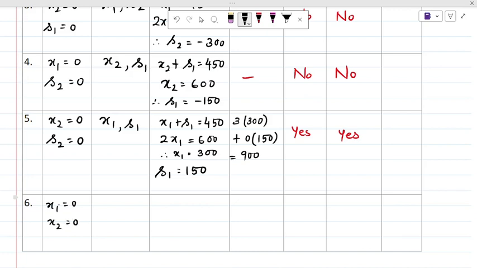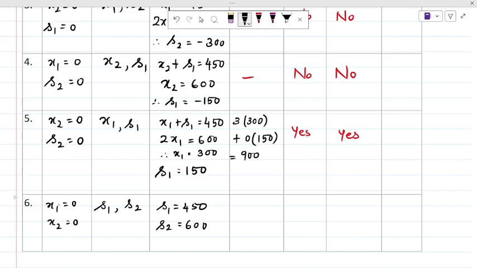So what we will have over here is s1 and s2 as the two variables. So when we have s1 and s2 as the two variables, the first case itself will directly give us s1 is equal to 450 and second case s2 is 600. That's what we will get.